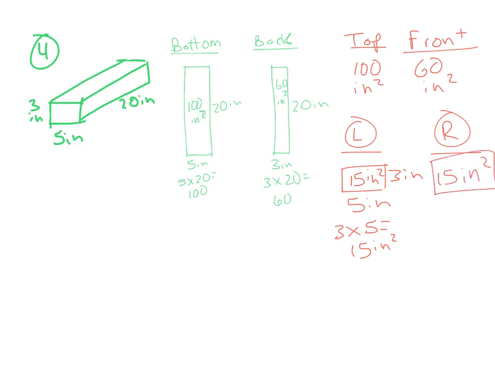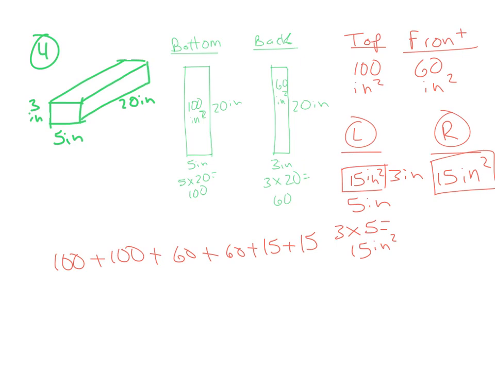All right? So to find the total surface area, for part C on number 4, all we have to do is add up the 6 areas that we've got. So we take the bottom, add the top, add the back, add the front, add the left-hand side, and add the right-hand side.